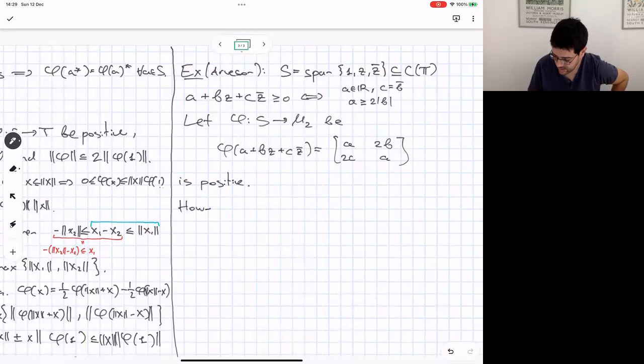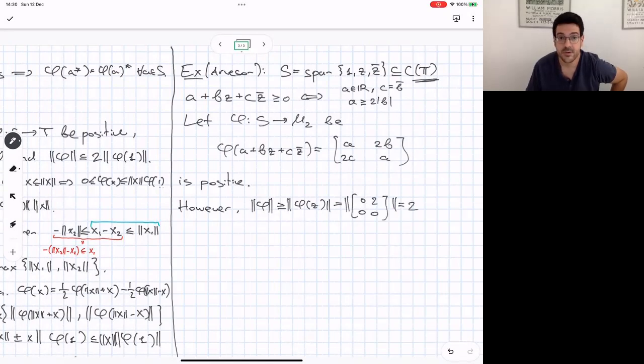However, the norm of z is 1, because we are on the circle. So the norm of phi of z should be less than the norm of phi. On the other hand, phi of z by definition is nothing but the matrix 0, 2, 0, 0, which has, of course, norm 2, which is also equal to 2 times the norm of phi of 1, if you want.